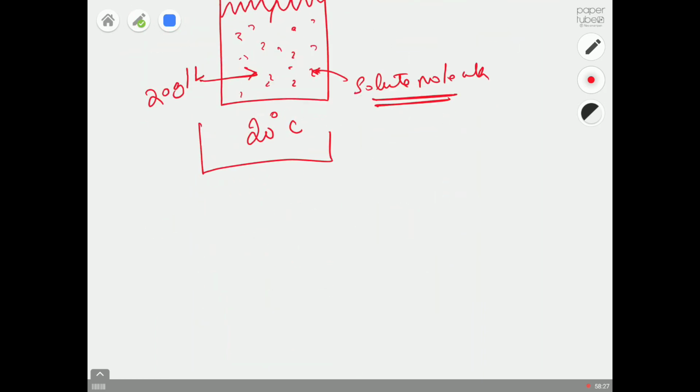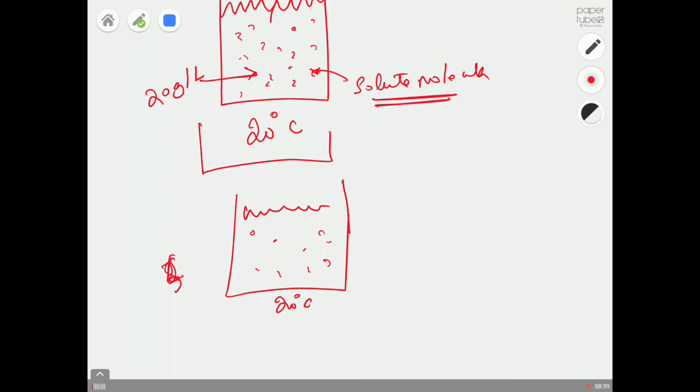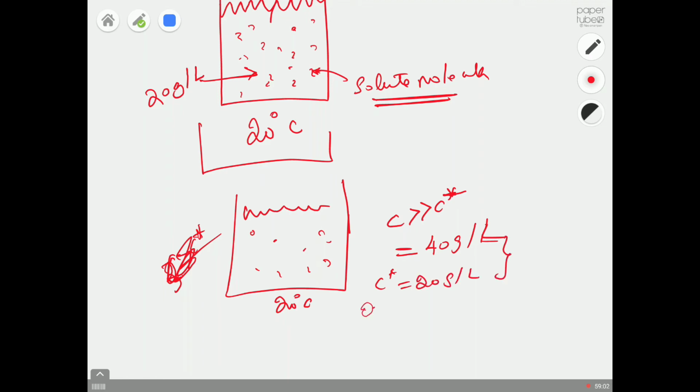But if you have a supersaturated solution at 20 degrees centigrade, again with some solute molecules, and your concentration is greater than your solubility concentration, say 40 grams per liter, and we know the solubility concentration is 20 grams per liter, so the difference between them is 20 grams per liter.